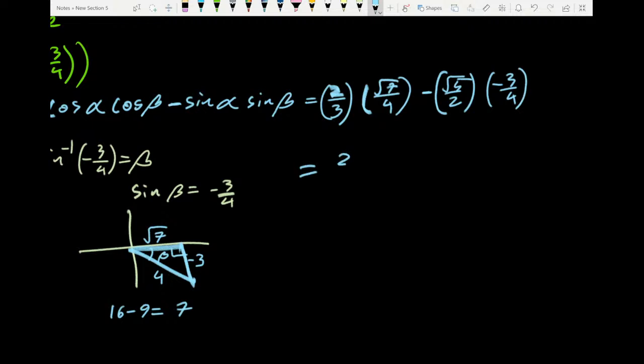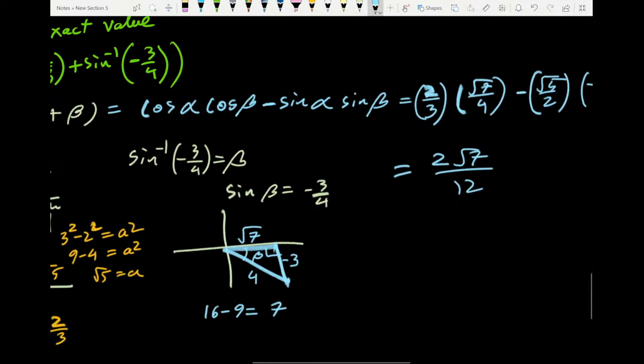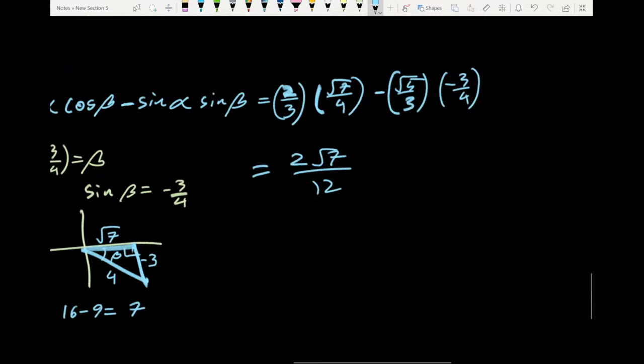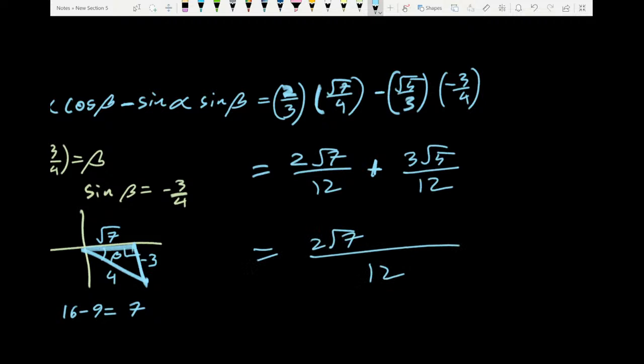And we could simplify this. Did I make a mistake somewhere? Oh, it's going to be 3 right there, sorry. And then this is going to be positive root 5 over 12. And I could just combine that. That was a hard one, guys.